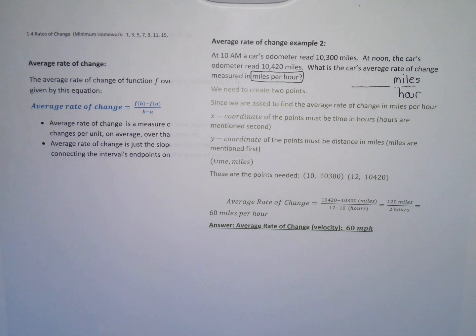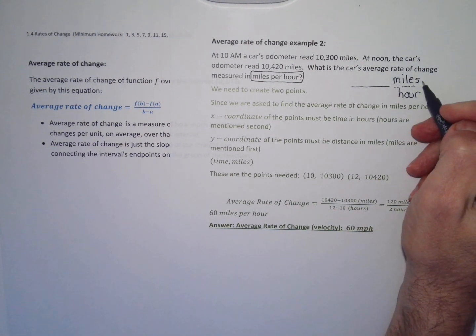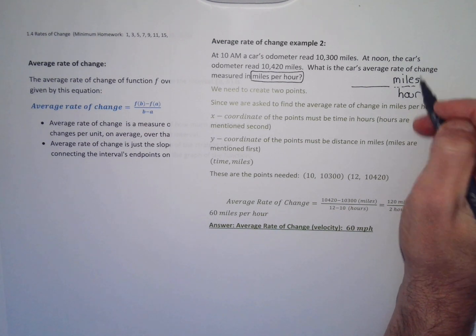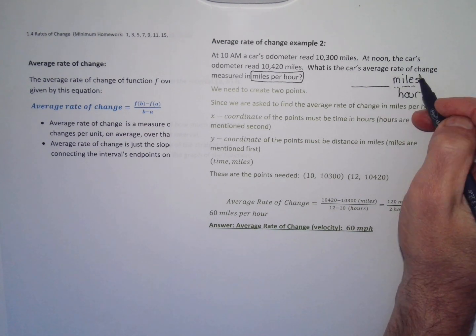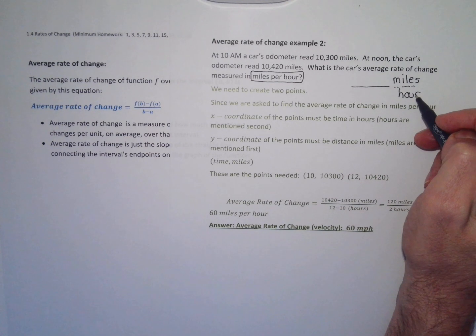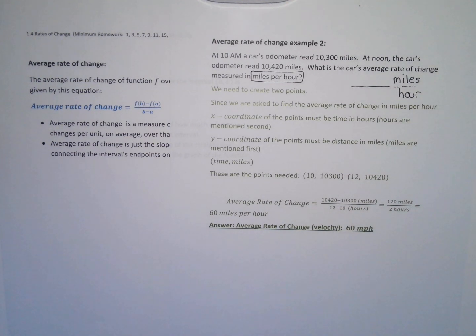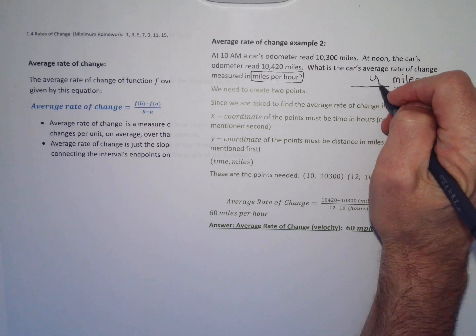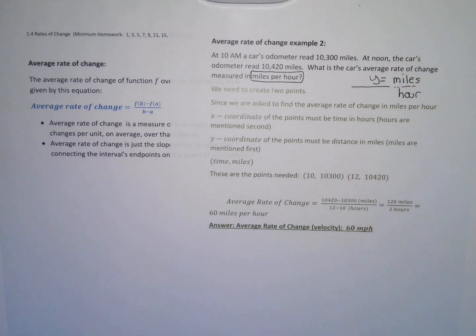Very specifically, the units in the numerator need to be miles, and the denominator needs to be hours. A fraction that has miles in the numerator and hours in the denominator is going to give me miles per hour.